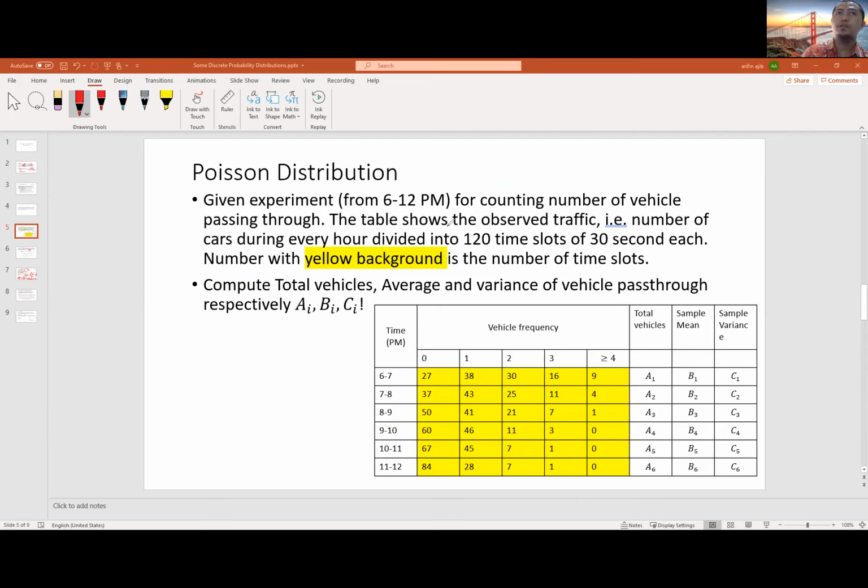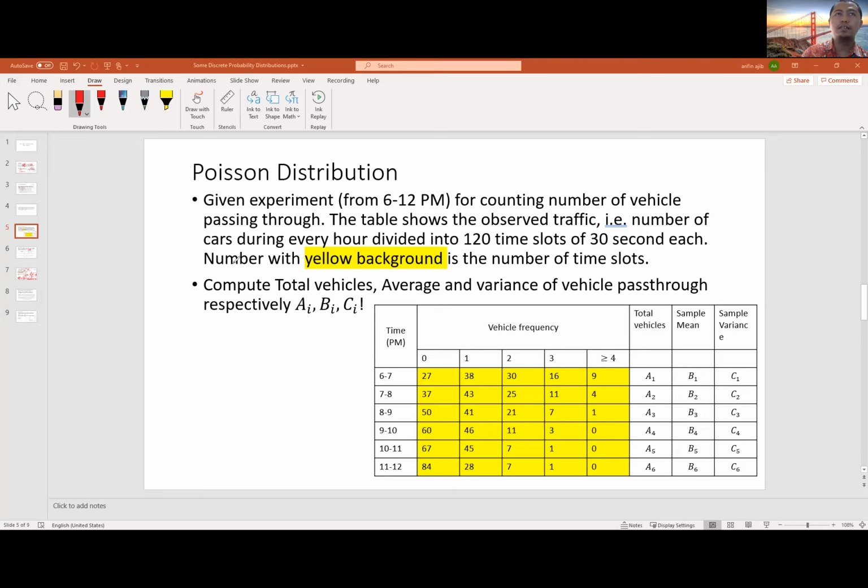So we made an experiment. This data comes from counting the number of vehicles passing through. The table shows the observed traffic pattern, the number of cars during every hour, divided into 120 time slots, where each slot is equal to 30 seconds.